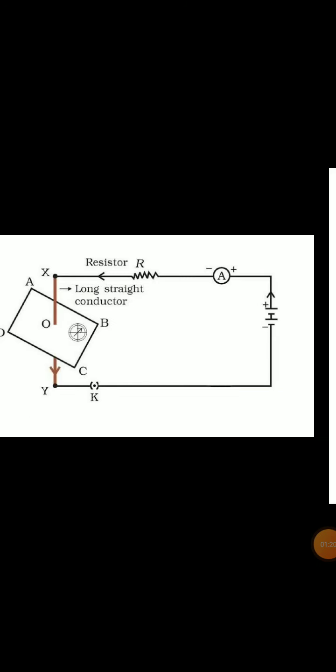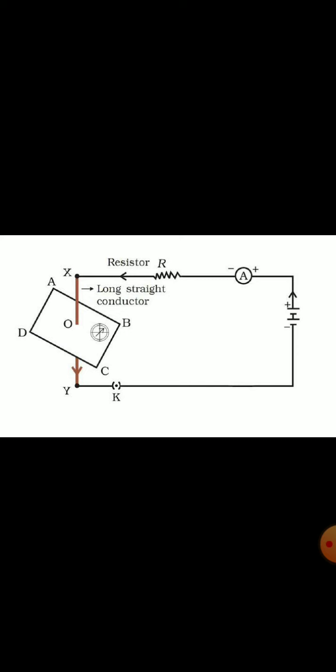For doing this activity, we will need a straight, thick copper wire. And this copper wire we need to place between the points X and Y as shown in the figure. We have to make an arrangement like this by having all these electric components.